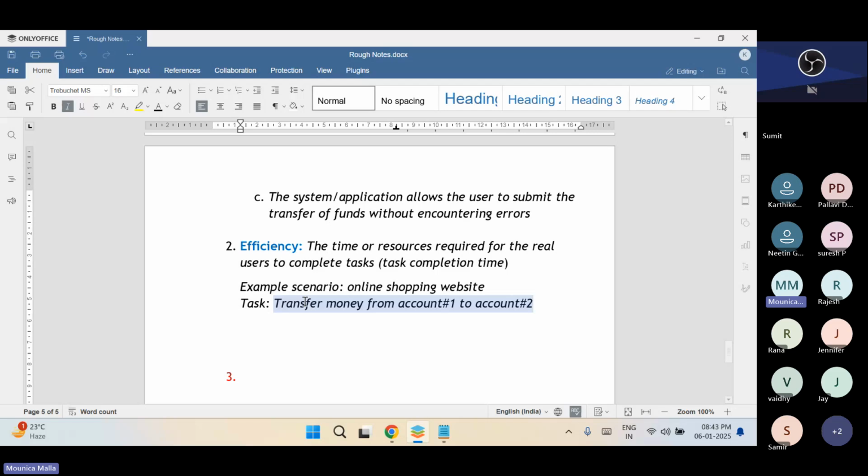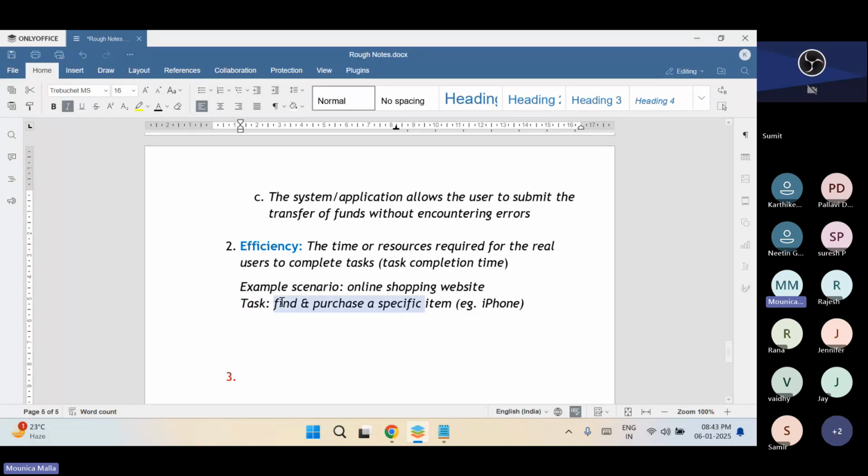We purchase something. So I will say, find and purchase any specific item. Example, iPhone. Something like that I can say.